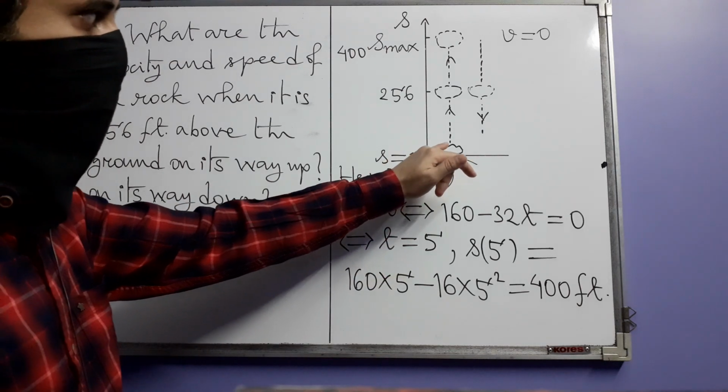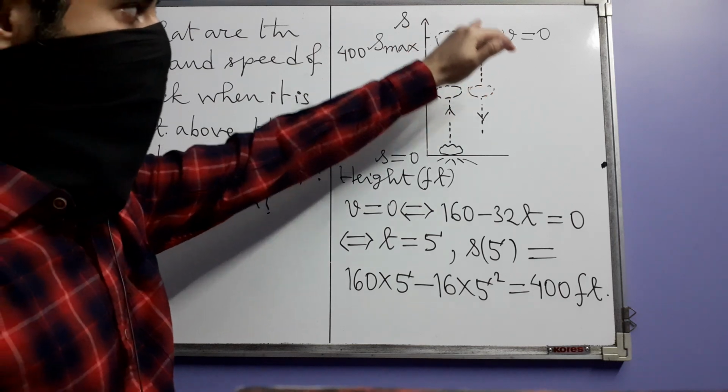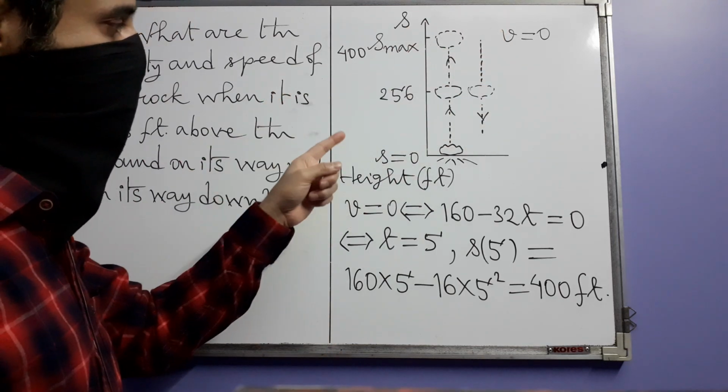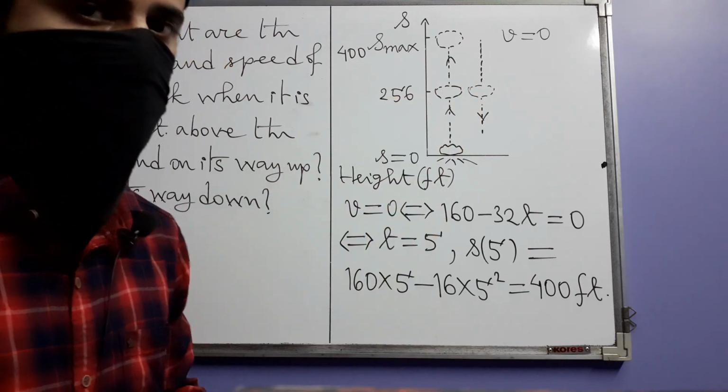You can clearly see that this height is reached once when going up and then again once when coming down. So, we have to find the velocities at this time instance when these two events happen.